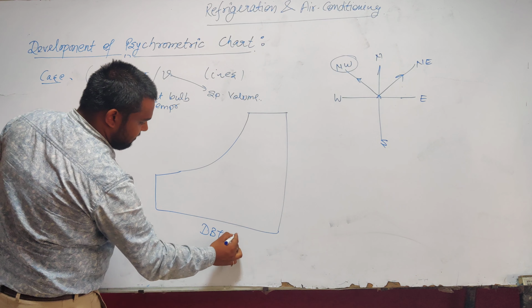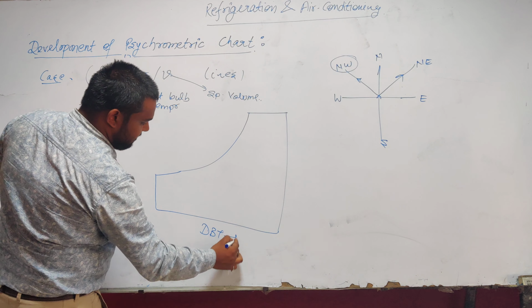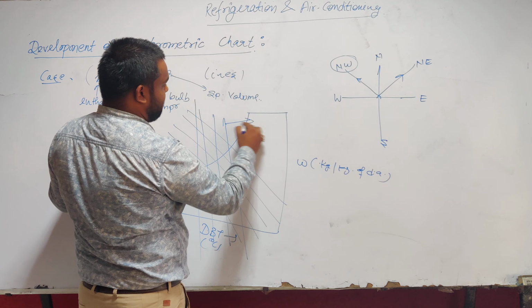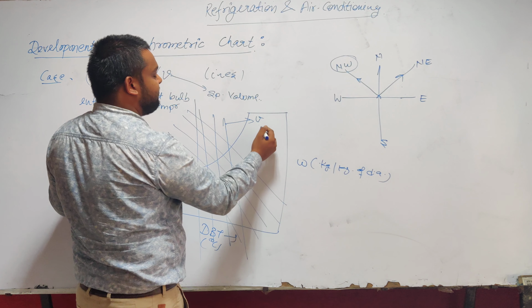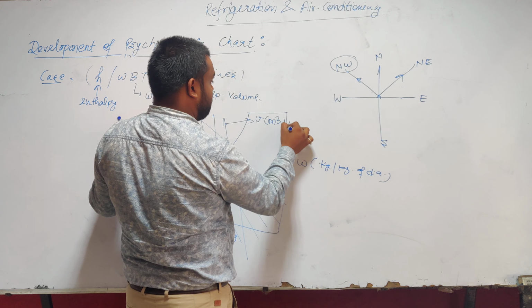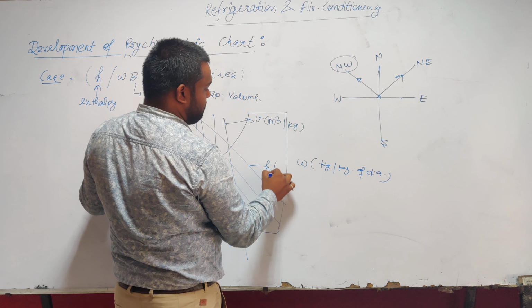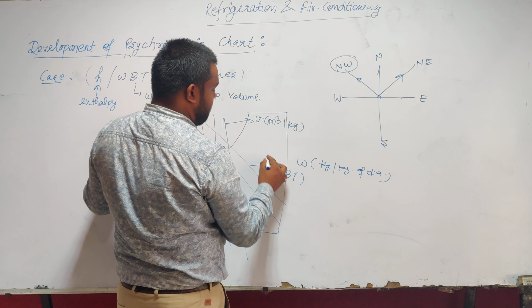DBT in degrees centigrade, specific humidity in kg per kg of dry air, and this is relative saturation. These lines are specific volume lines. These are H or WBT lines.